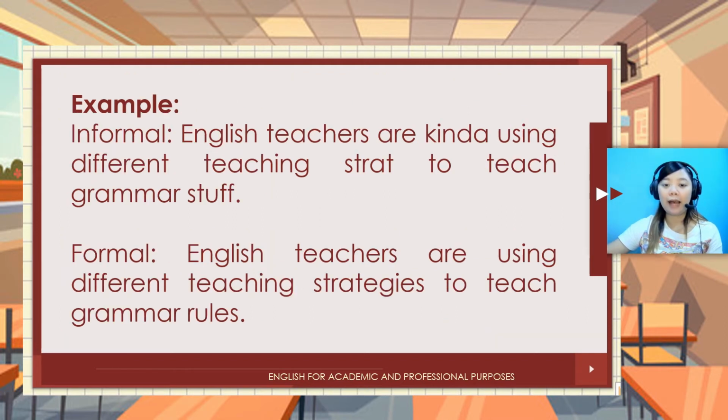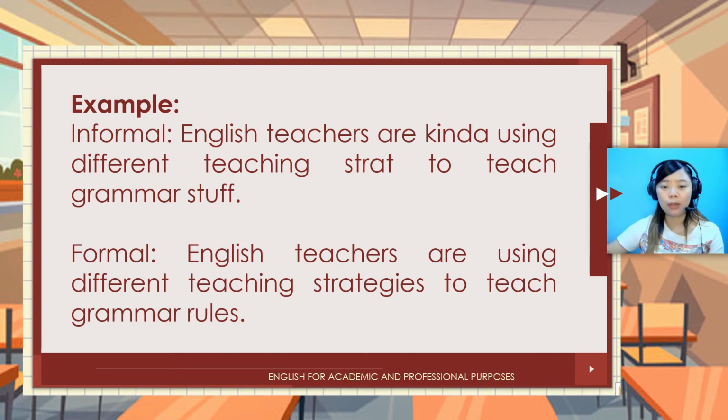To give you an example, here is an informal and a formal sentence. For informal, we have: English teachers are kinda using different teaching strat to teach grammar stuff. The words kinda, strat, and stuff are inappropriate under the attribute of formality.